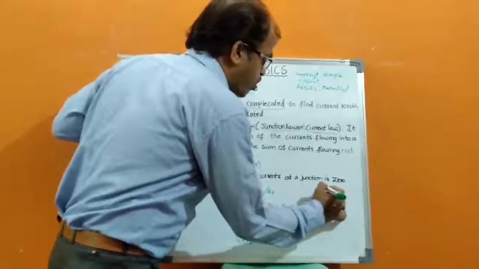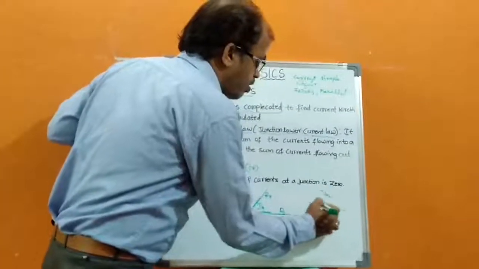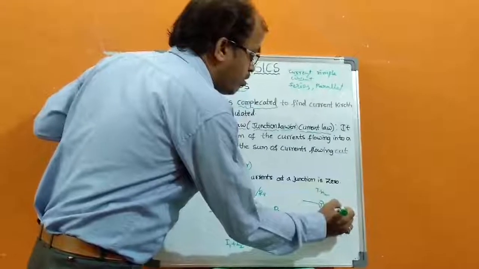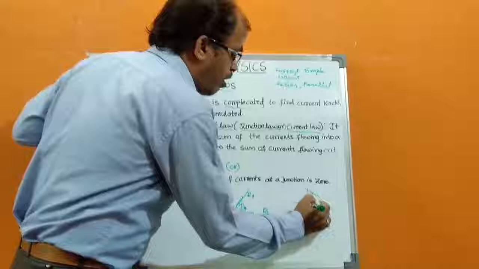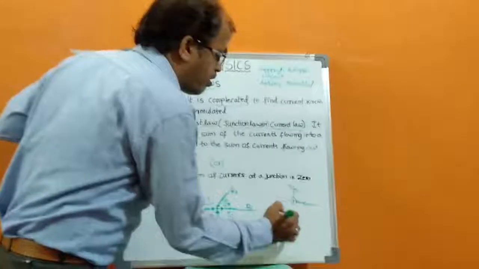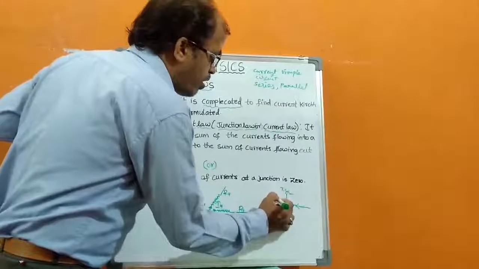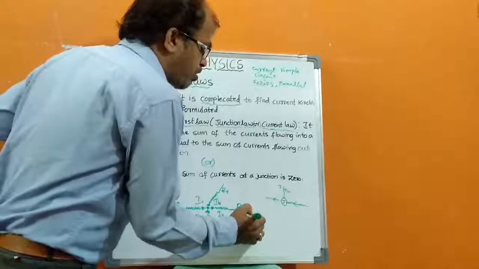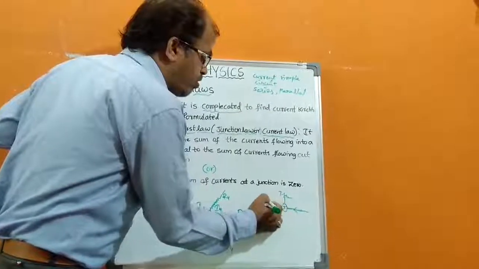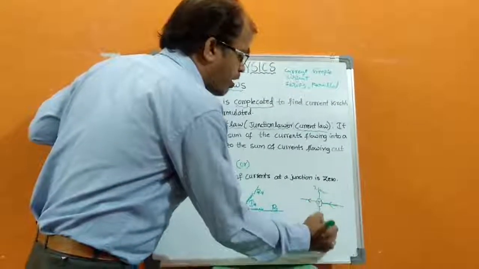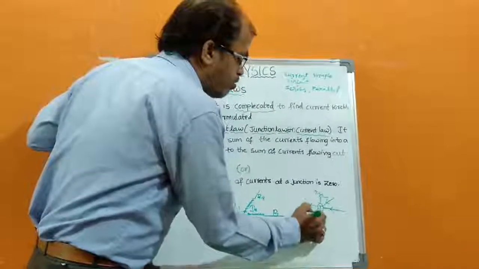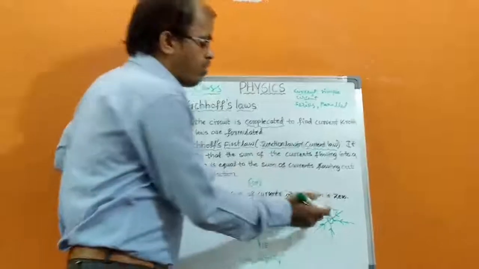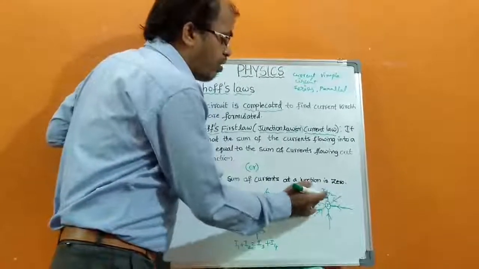Suppose we have traffic signals. Some vehicles are reaching towards the junction, that is, towards the traffic signals. Some are moving away from the traffic junction, in all other directions. Some are entering the junction, and some are leaving the junction.